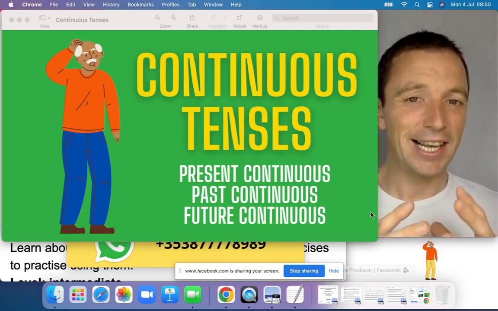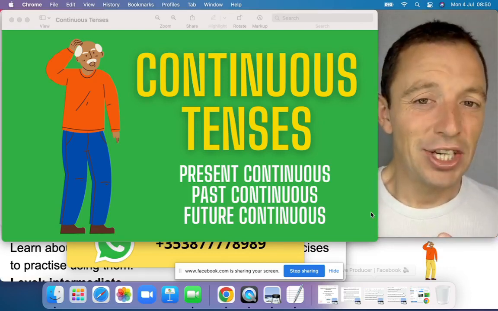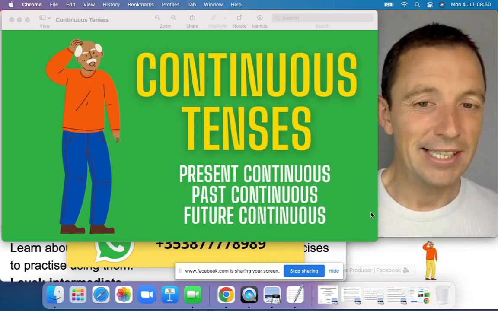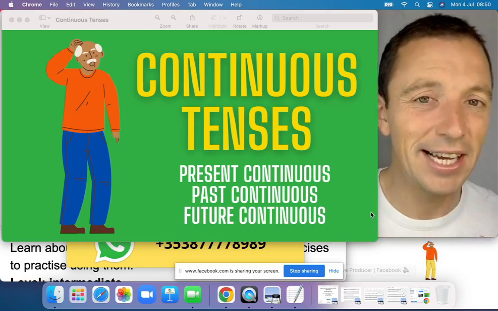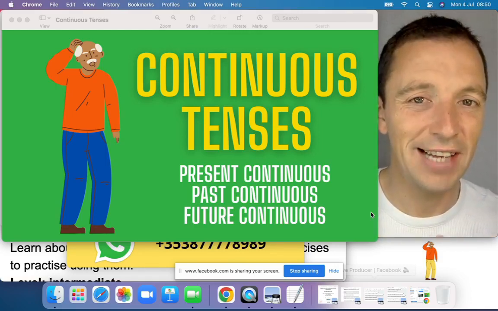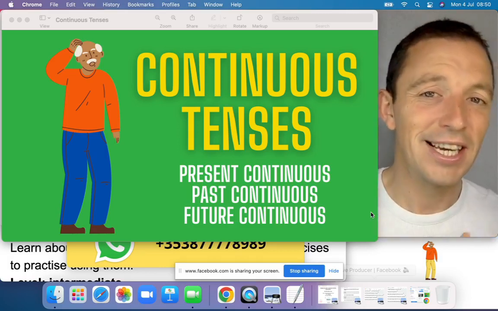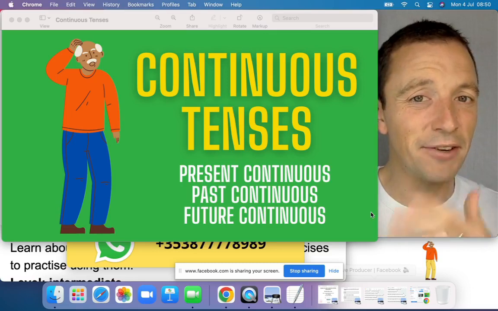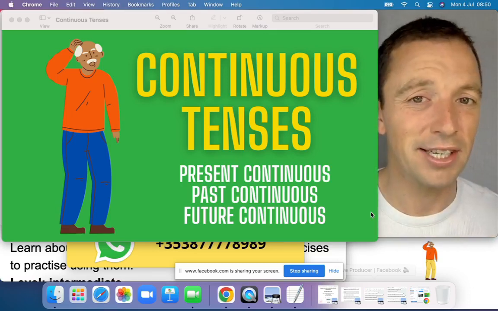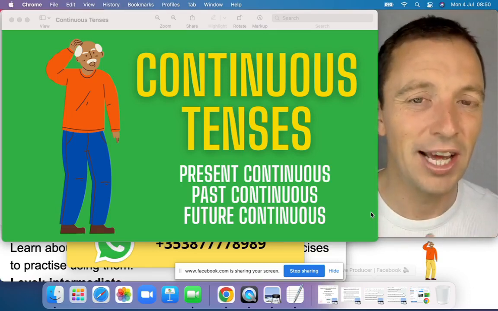So that basically is the explanation of the continuous tense, and I think it's quite basic, and I think most people understand this concept. But this is the topic for today's lesson. Maybe it's very easy for you, maybe it's very interesting for you. It depends on your level.